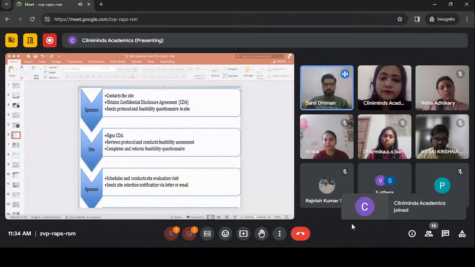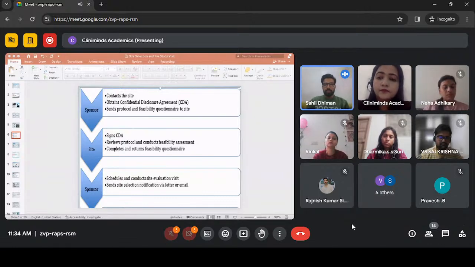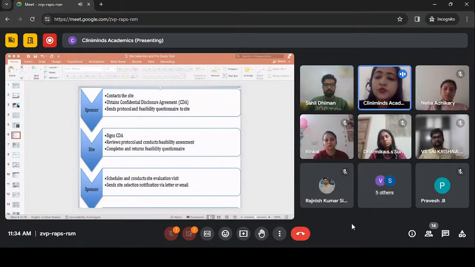After that, the sponsor schedules a meeting and conducts a site evaluation visit, and then sends the notification by letter and by email to the investigator for site selection. So now they will be going in person to the site to check whether the facilities mentioned in the feasibility assessment are actually available at the site, or just mentioned.